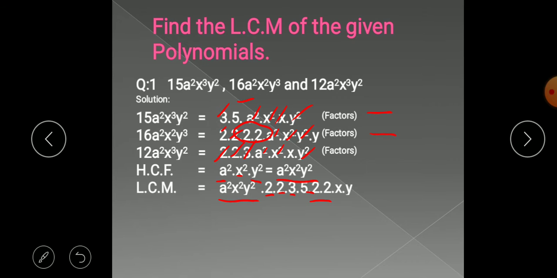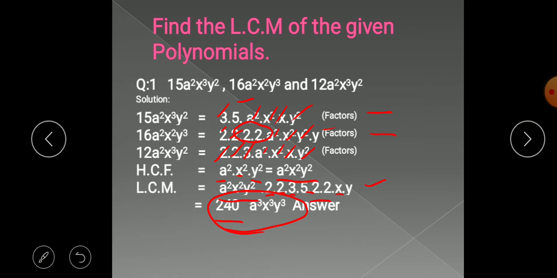X is common, so we have written x, and then y is left, so y is the last multiple. So the least common multiple will be equal to, multiplying all the numbers, 240, and then a cube, x cube, and y cube. This is the least common multiple of the given polynomials.